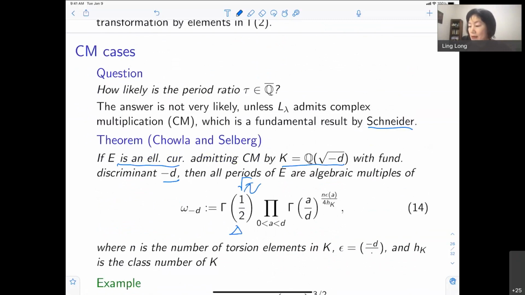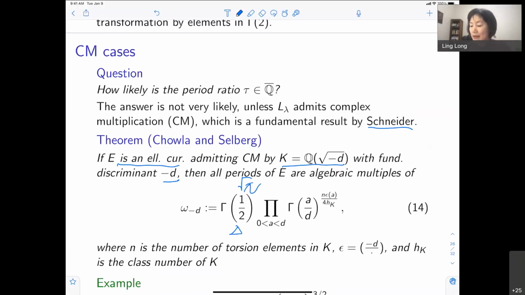So it's gamma of a/d, with a ranging between 1 and d minus 1 as the numerator over denominator d. The exponent could be plus or minus depending on the values of the Legendre symbol. In addition, you compute how many roots of unity, which is n over here, inside this imaginary quadratic field, and then divide by 4 times the class number.